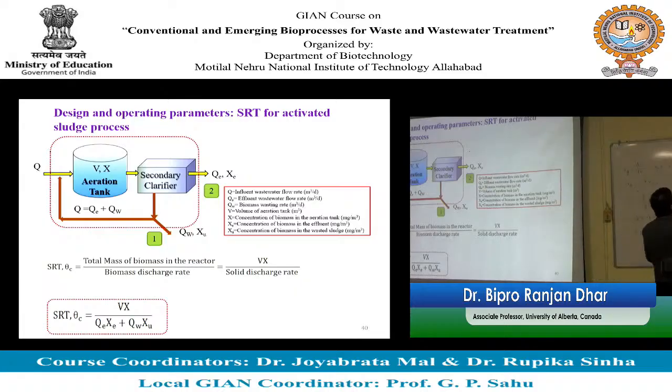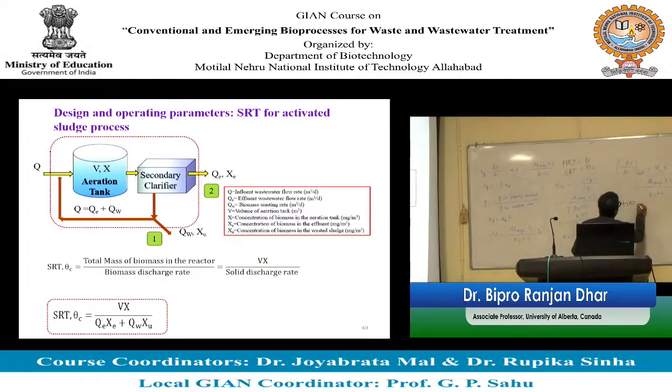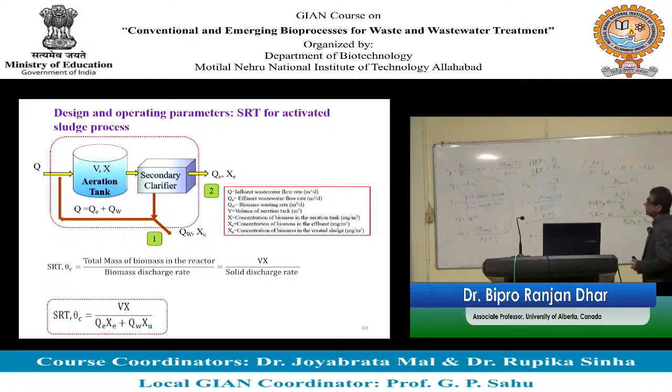So let's write it down. So HRT, theta is V over Q, SRT, theta C is VX over QE XE plus QW XU, right? So this is the equation. Everyone can read my handwriting, okay?